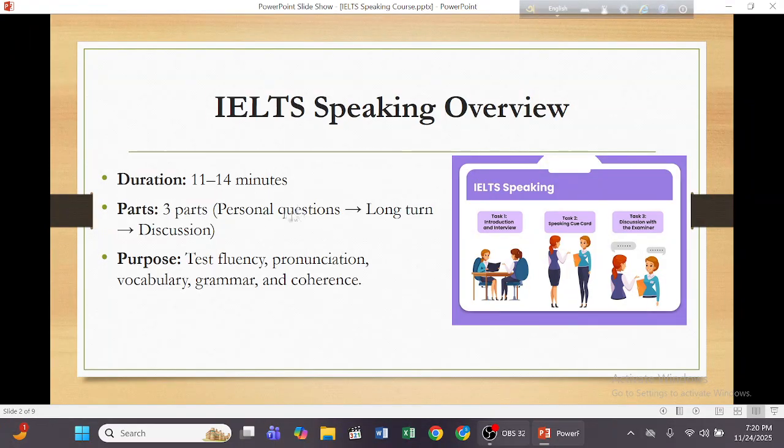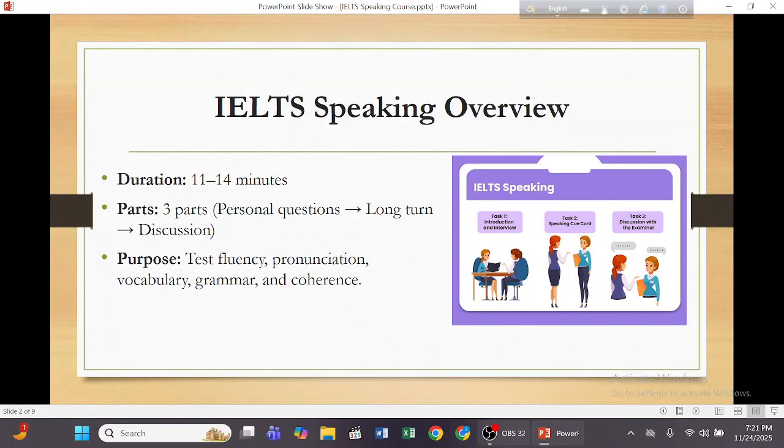In part one, the examiner asks you some very normal and personal questions. For part two, the examiner gives you a cue card, and you are given only 1 minute for taking some notes and 2 minutes for speaking.